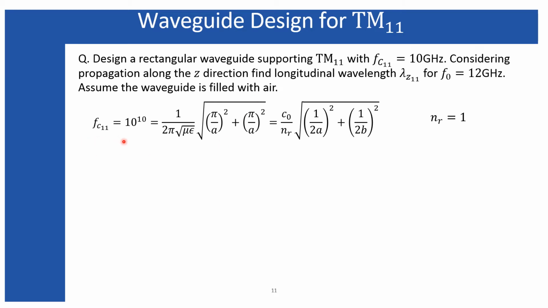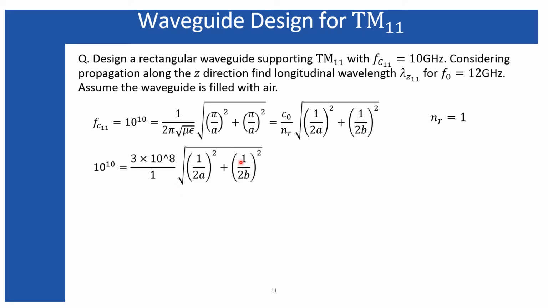So this is the expression of the cutoff frequency I have obtained in my earlier slides. Both the m and n terms are present over here, and a little rearrangement shows that the cutoff frequency is directly related to the dimensions along x and along y.